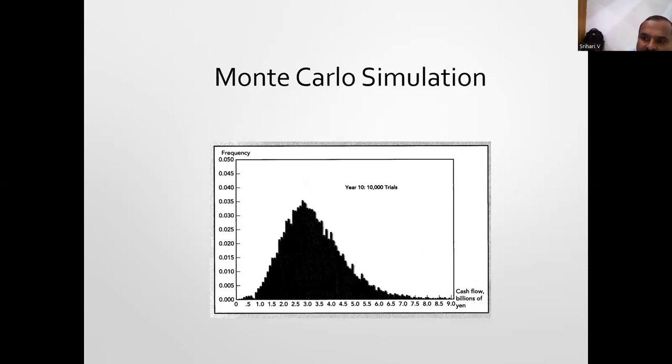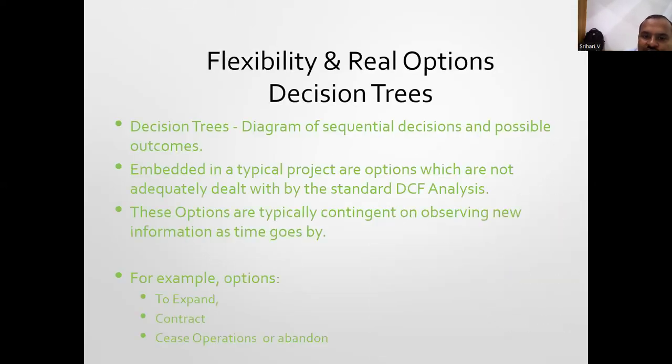If the NPV is negative, we are going to reject the project. This is called simulation. We call this Monte Carlo simulation. Monte Carlo is the person who introduced this topic into capital budgeting. Therefore, they have named this topic the Monte Carlo simulation model.